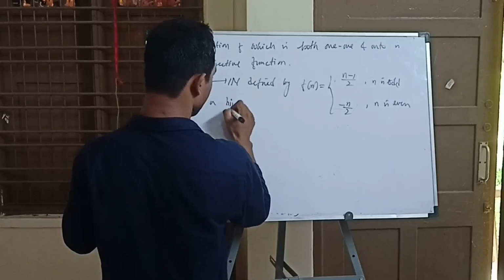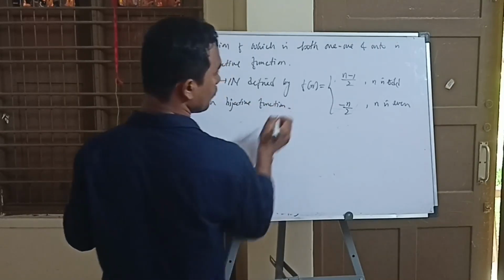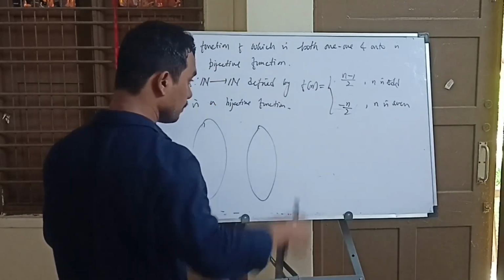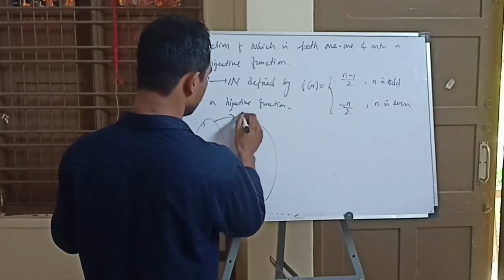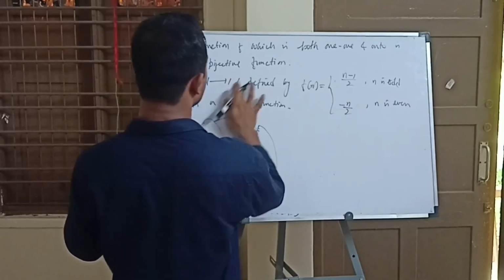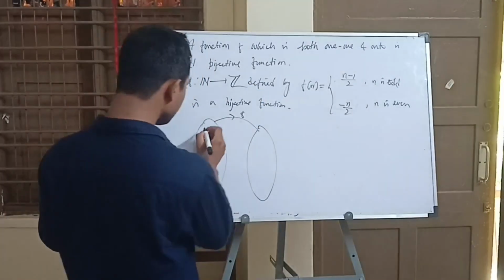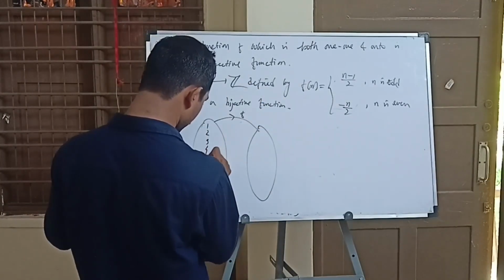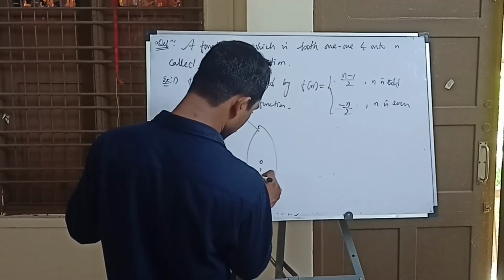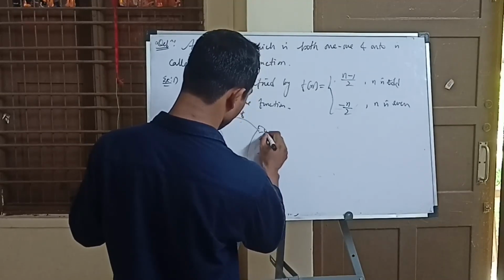This is a bijective function. Let's draw a pictorial diagram. Oh, sorry, this is not N, this is Z. Here 1, 2, 3, 4, 5, 6, 7, 8. Look here 0, 1, 2, 3, 4, minus 1, minus 2, minus 3, minus 4.